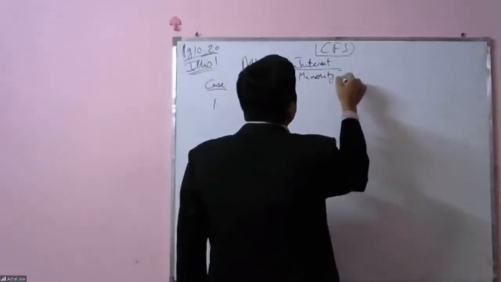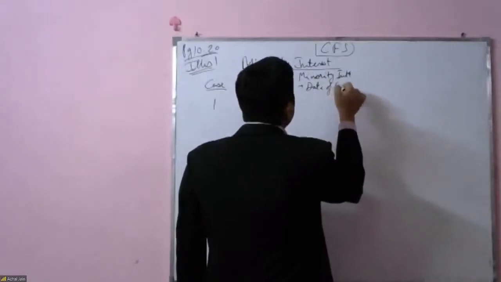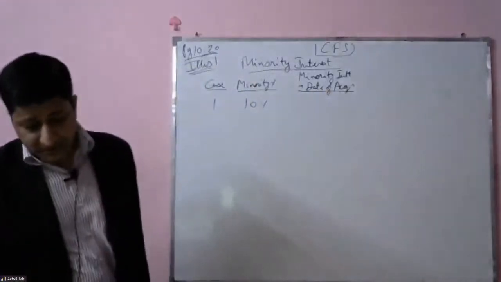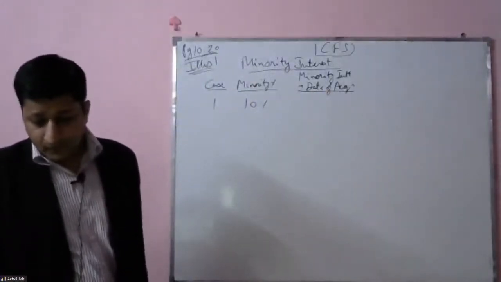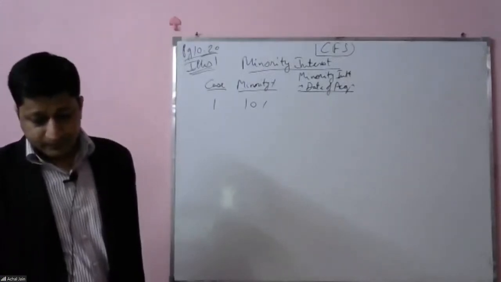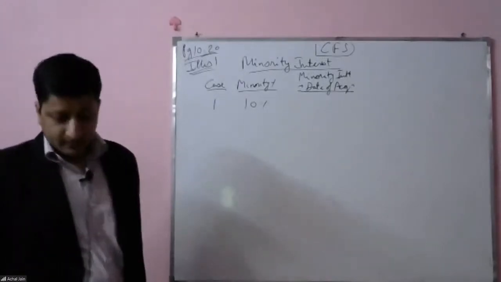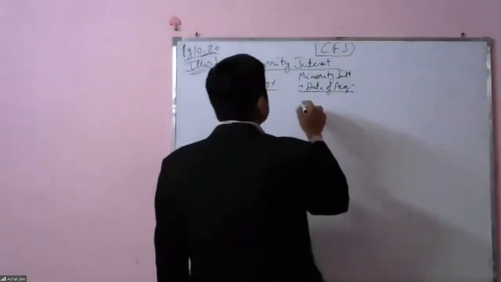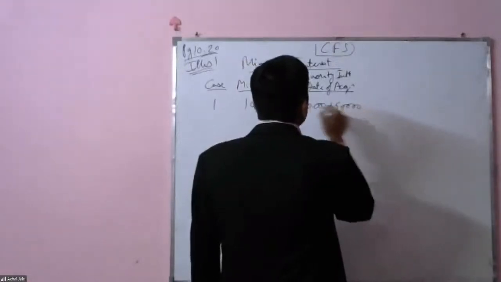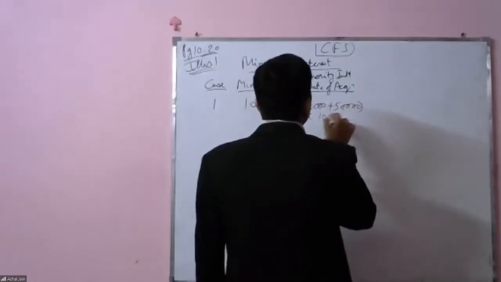On the date of acquisition, the reserves are 1 lakh plus 50,000, into 10%.